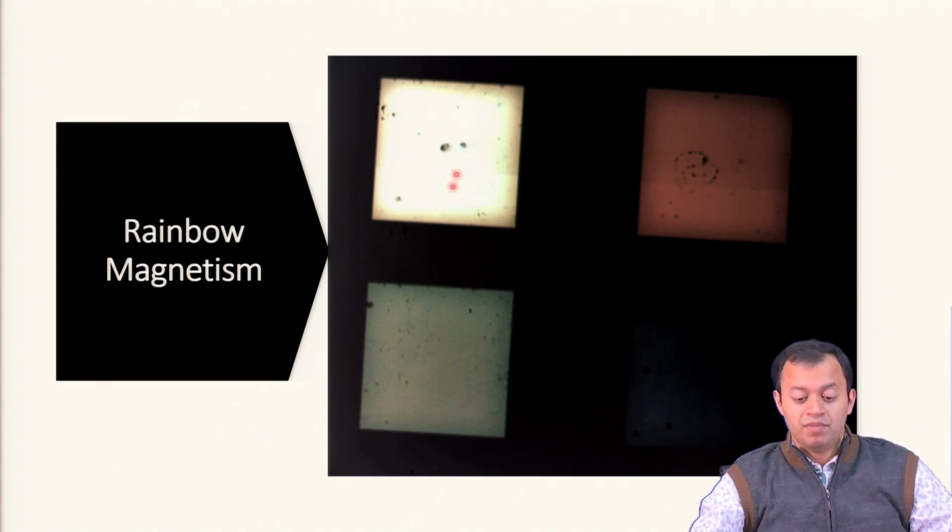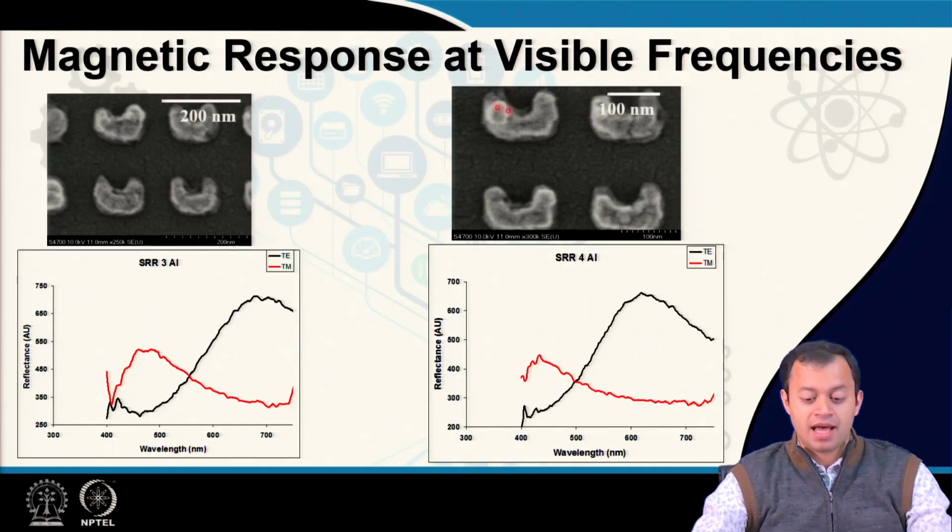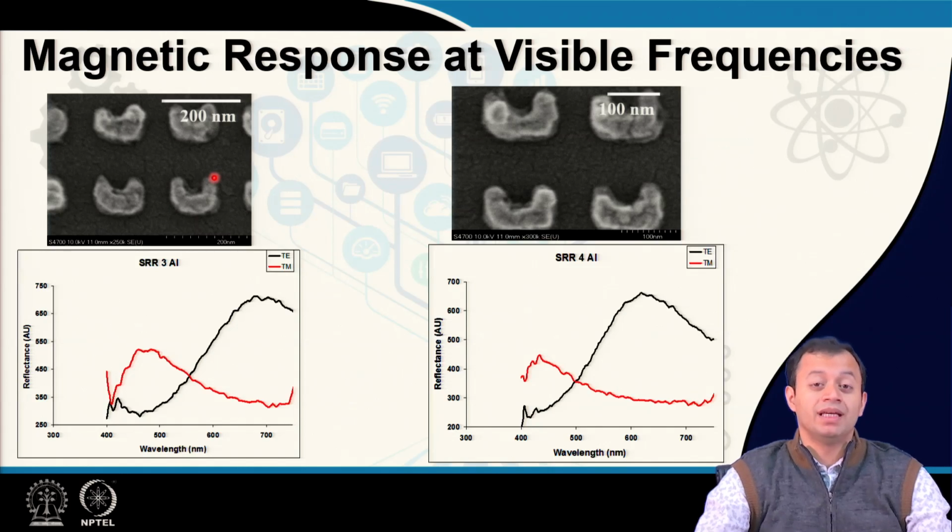But the beauty of this is this structural color. The color is happening because of the size. Usually the color is because of how the atomic arrangement is, basically a material property. But all of these are aluminum based structures, and the color of bulk aluminum is whitish.